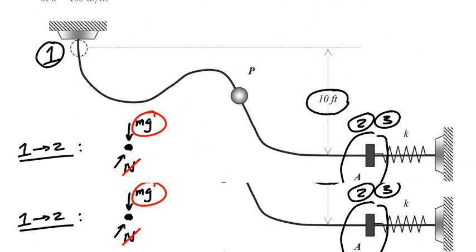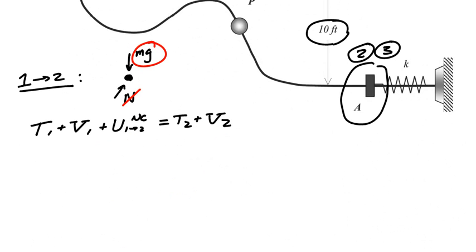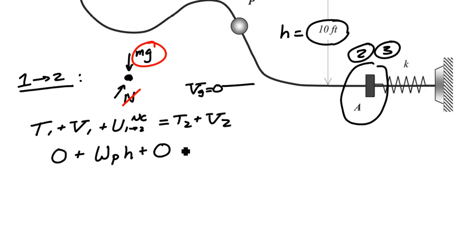Indeed it is. So if I do some substitution, I'm going to have my first term here as 0. I'm going to add to that the initial potential energy. Let's go ahead and call this bottom level here to be the datum. So if I do that, the second term here is going to be plus the weight of the particle, which I'll call WP, times H, where I'm going to go ahead and define H to be this given value. I'm going to have no non-conservative work contribution, so the second term will be 0. And that's going to equal T2, which is going to be 1/2 times the mass of the particle, which is WP divided by G, times its speed at state 2 squared.